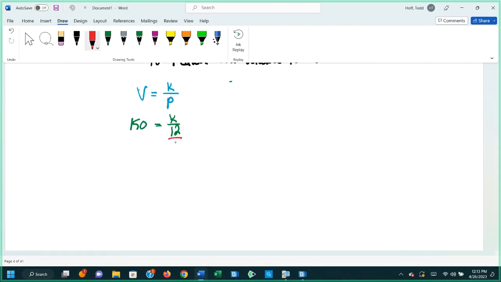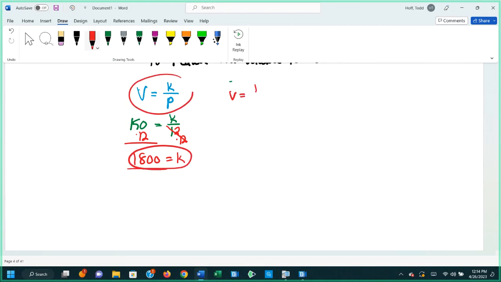Then we're going to multiply by 12, to get K by itself. So 150 times 12 is 1800 equals K. So we know that our volume equals 1800 divided by the pressure.